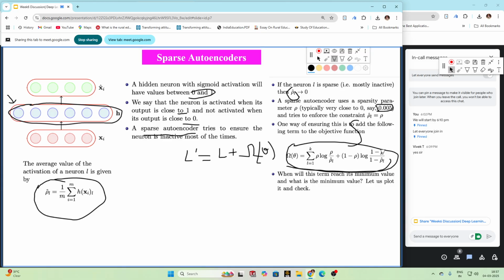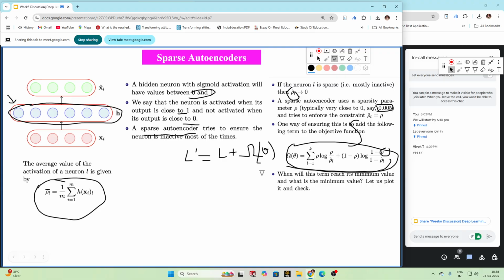Now what is this rho and rho L? This is not rho hat, this is actually rho L. So this rho L is nothing but the average of the activation output coming from the encoding layer.